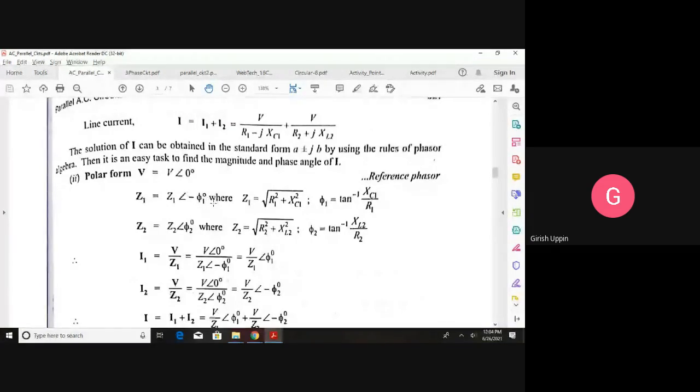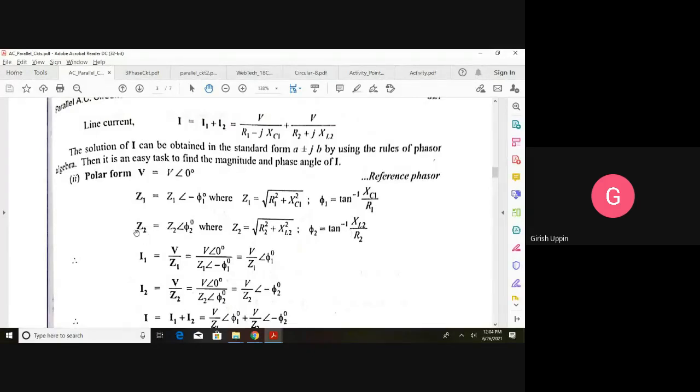Z1 is square root of R1 square plus XC1 square, and phi 1 is equal to, using the tan function, tan inverse XC1 by R1. Similarly Z2 is equal to Z2 at an angle phi 2, where Z2 is square root of R2 square plus XL2 square, and phi 2 is equal to tan inverse XL2 divided by R2. So this is how you can find Z1 and Z2.